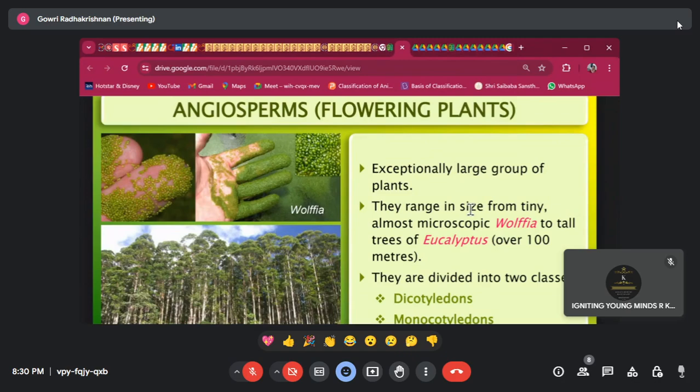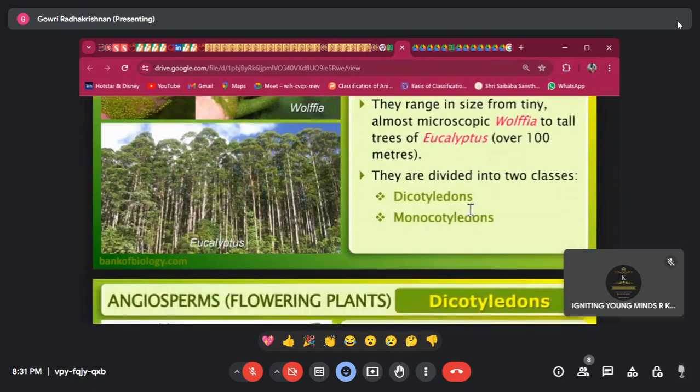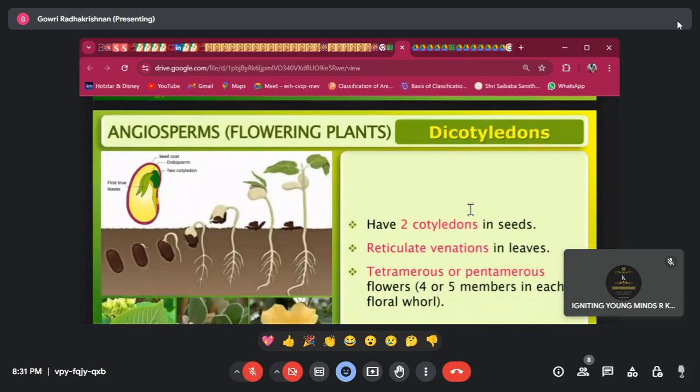They range in size from tiny, almost microscopic Wolffia to tall trees of Eucalyptus over 100 meters. They are divided into two classes, dicotyledonous and monocotyledonous. Dicotyledons have two cotyledons in seeds. That's why dicotyledon; monocotyledons will have only one.